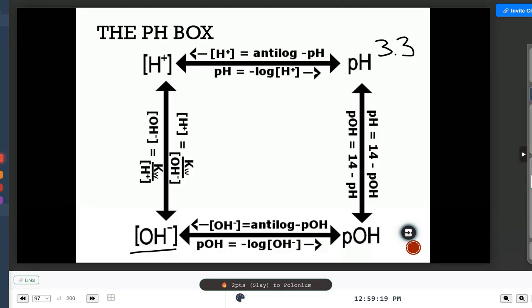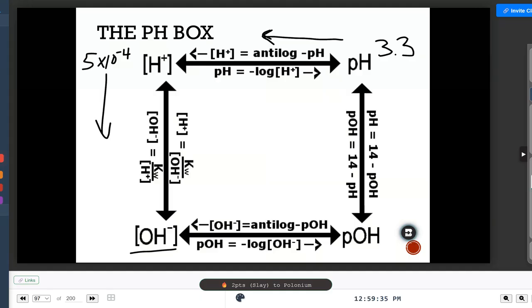You could go along this path, which is what we just started to do. We did the anti-log, and we found out that this was 5 times 10 to the negative fourth. And then we could go down this path, take that number and plug it into this, and do a solution to figure that out. Okay, I guess not that one, this one. And then that would give us our hydroxide.